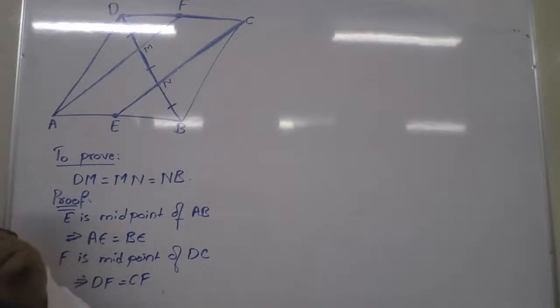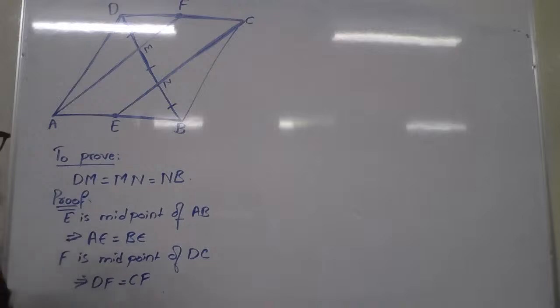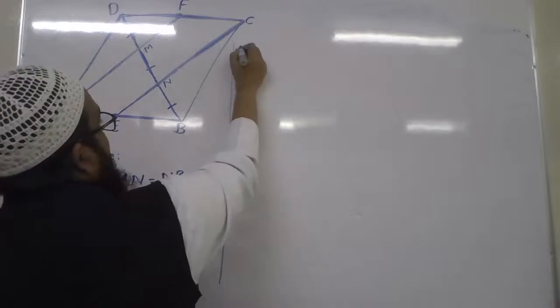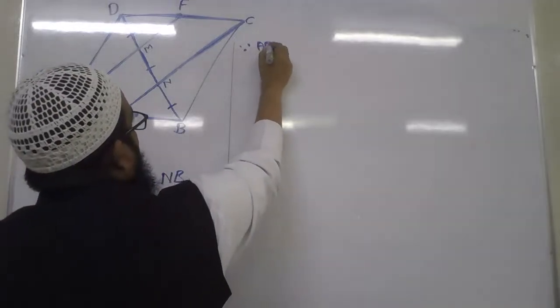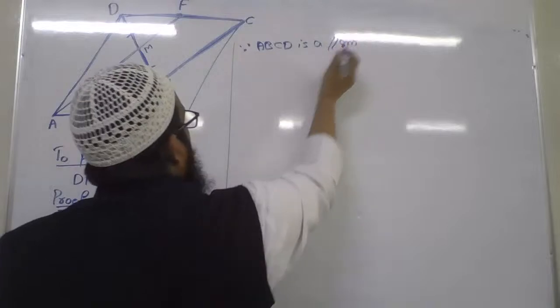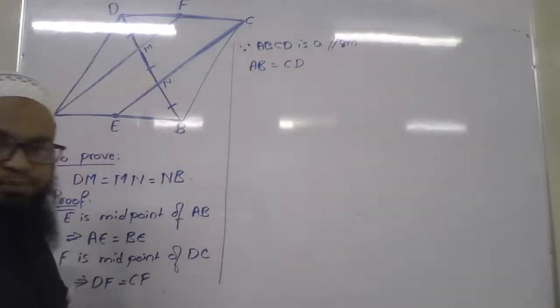But here one catch is there. What is this? AB and CD. ABCD is a parallelogram. Since ABCD is a parallelogram, AB is equal to CD.